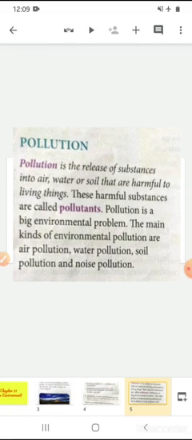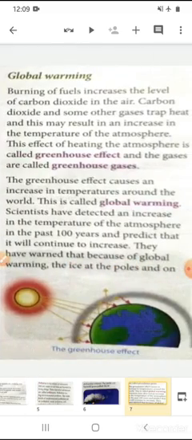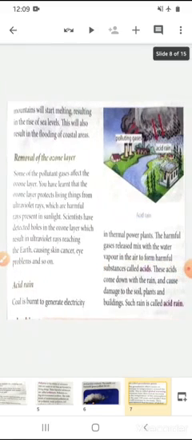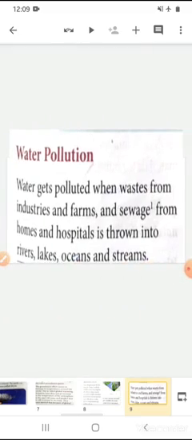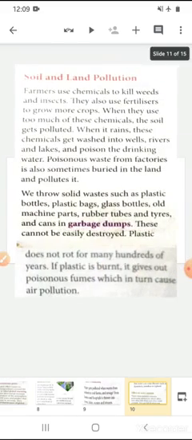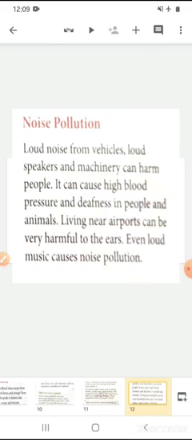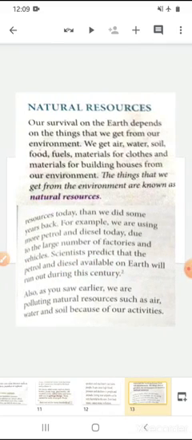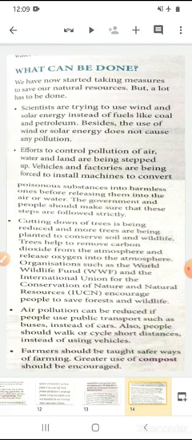Then we studied pollution and the types of pollution. We studied air pollution, global warming, the greenhouse effect, the ozone layer, acid rain. Then comes water pollution, its diseases and effect on water animals. Then we studied soil and land pollution, then noise pollution, and lastly we studied the natural resources and what can be done to save them.